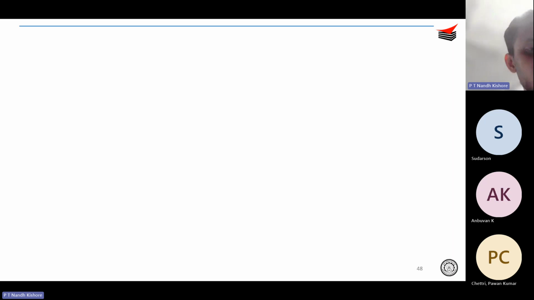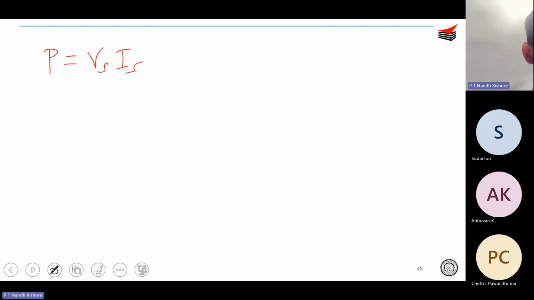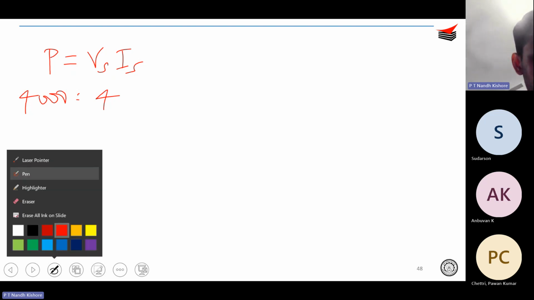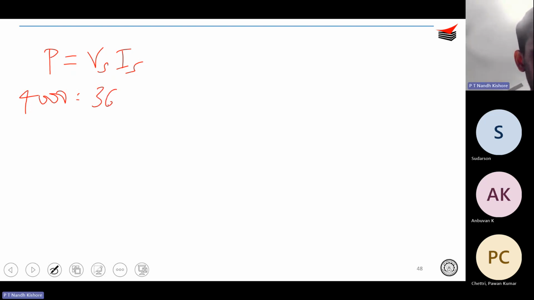Just follow the technique. You know that the power was also given in this problem. Therefore, P is equal to V into I, that is 4 kilowatt is equal to your input voltage, 360 into IS, right?